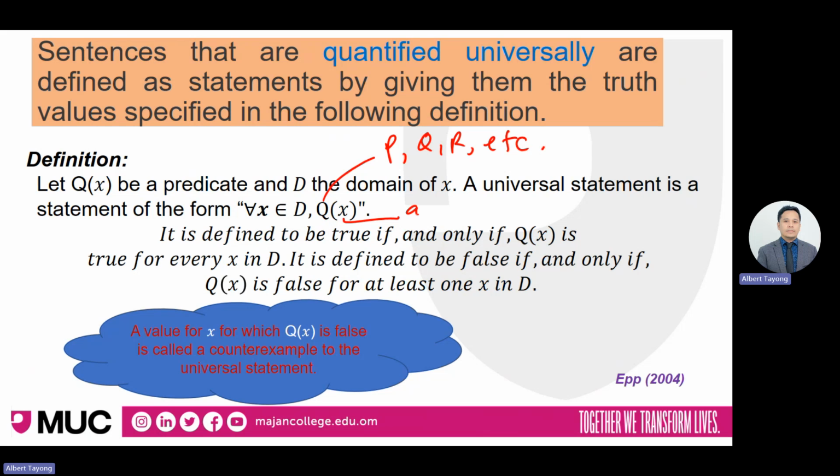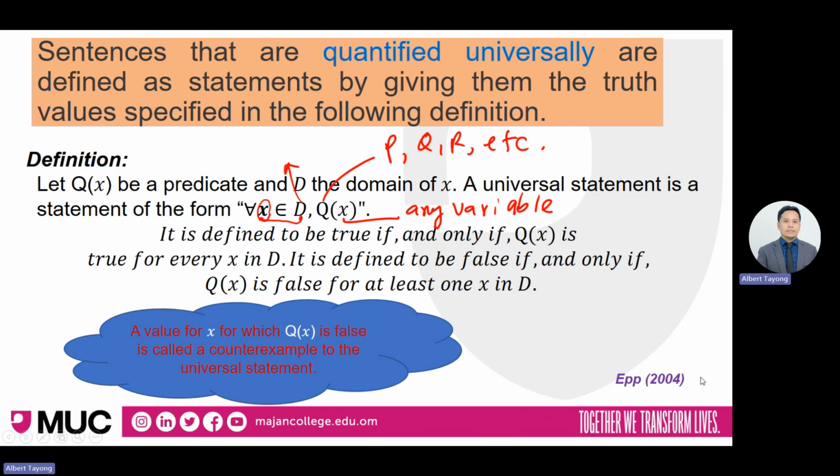X also can be any variable, so you can use X, M, Y, Z, any variable. D is any domain. X here means any possible value of the domain, and D is the list of all possible values of this variable.